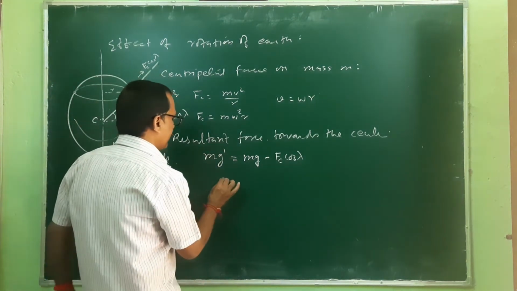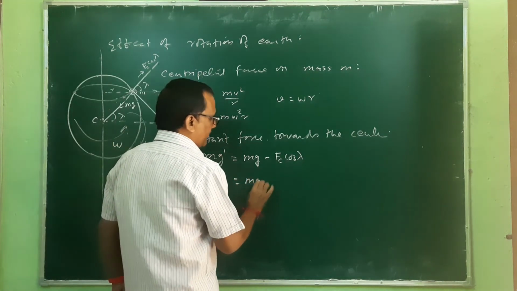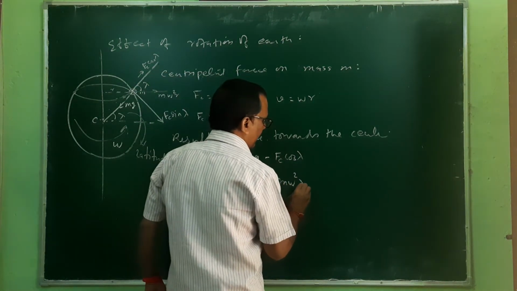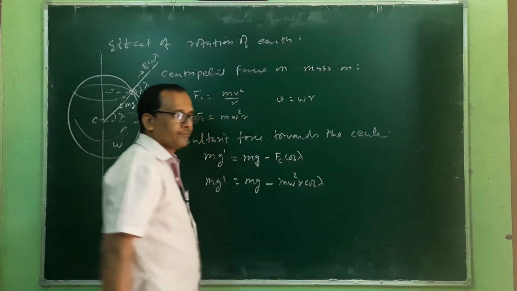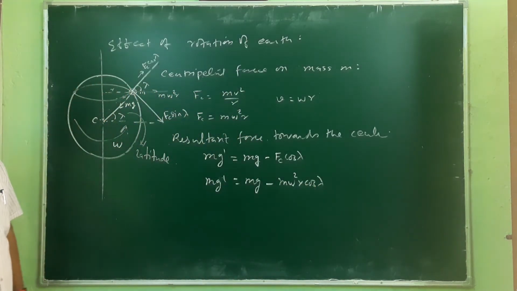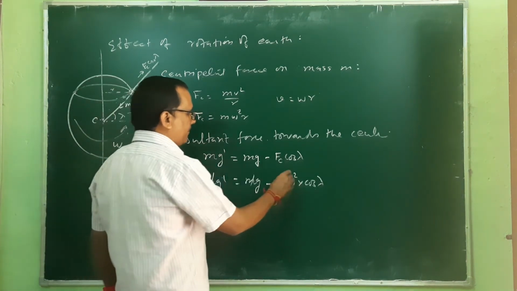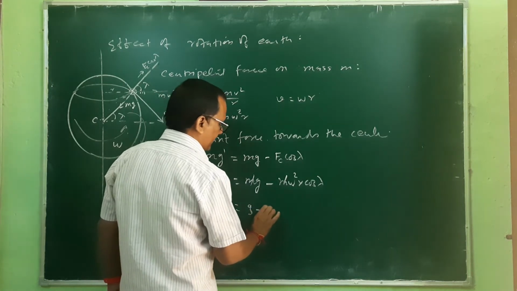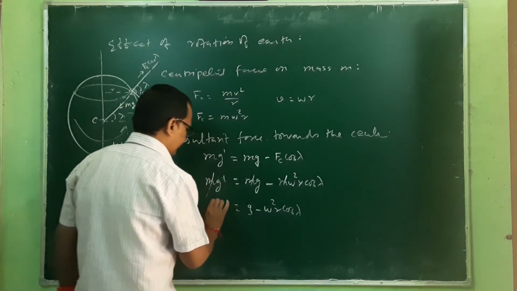Fc is equal to m omega square r cos lambda. Cancelling m, g prime is equal to g minus omega square r cos lambda.